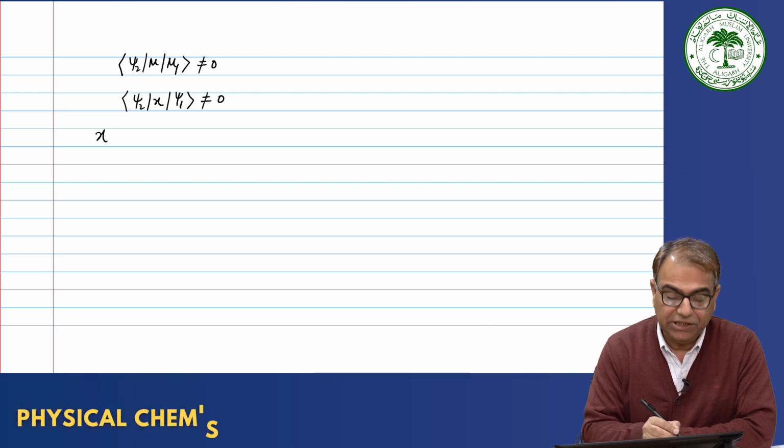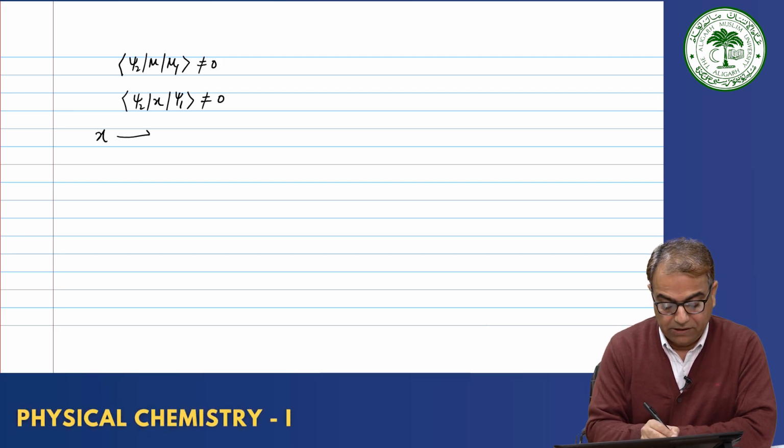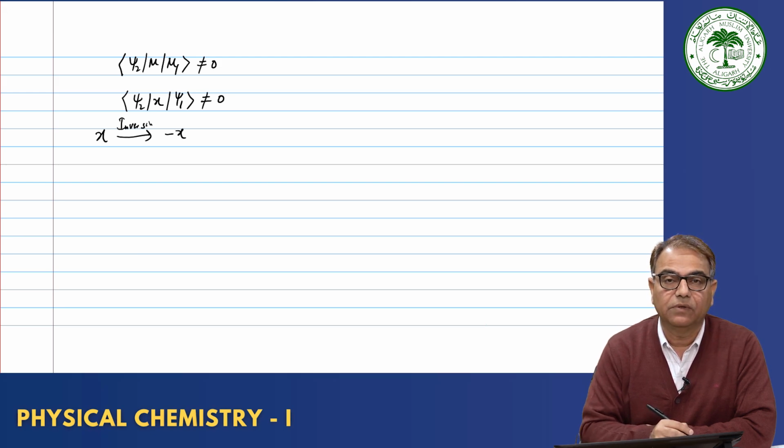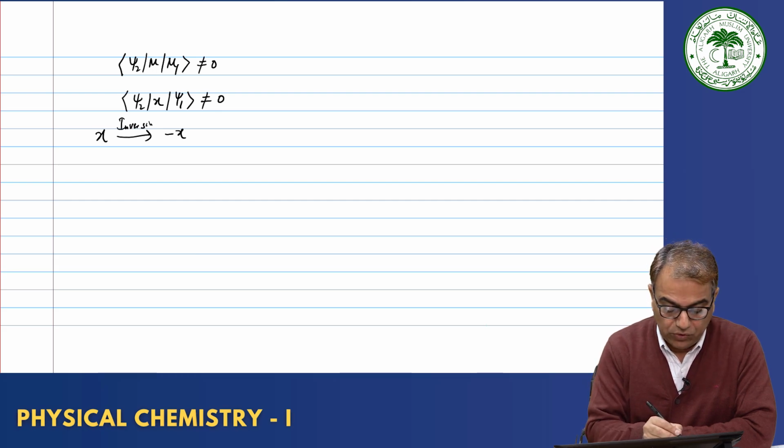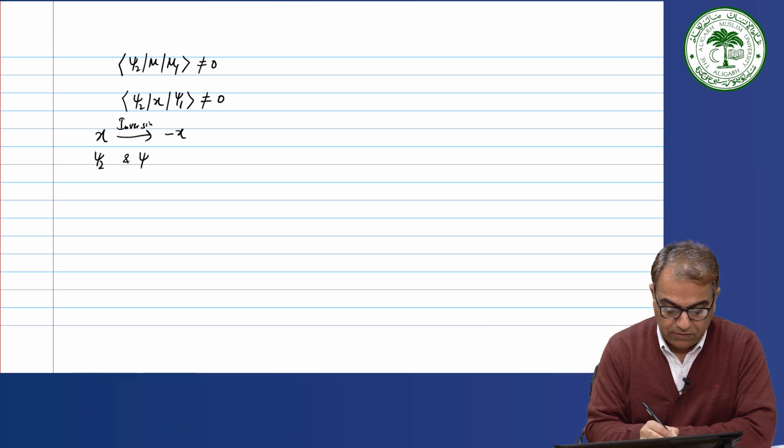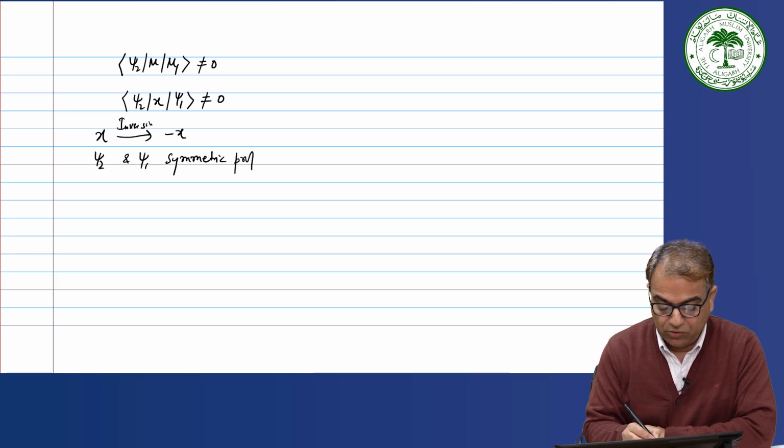So x is essentially, if you invert this one, it will go to minus x. On inversion, it will become minus x, okay. What about psi 2 and psi 1? You should know the symmetric properties of psi 2 and psi 1.